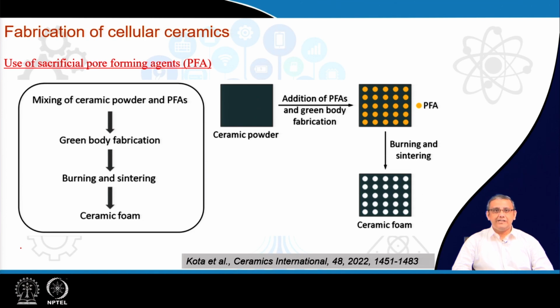Also the word sacrificial should be clear by now. It is used because in this fabrication technique, whatever pore forming agent is used is sacrificed, because after the fabrication is over, the pore forming agent is no more there and it forms a porous body with uniform distribution of porosity if it is fabricated in a proper manner.